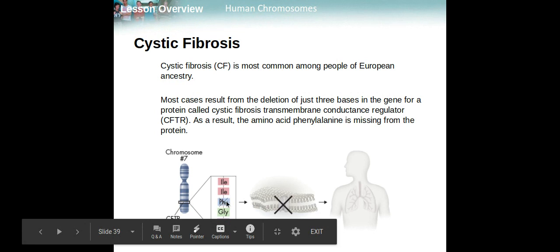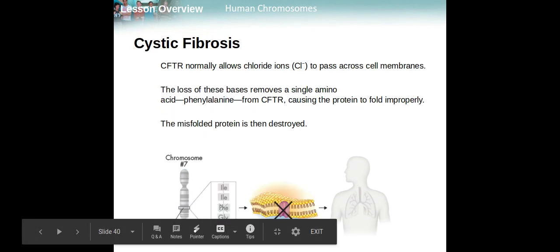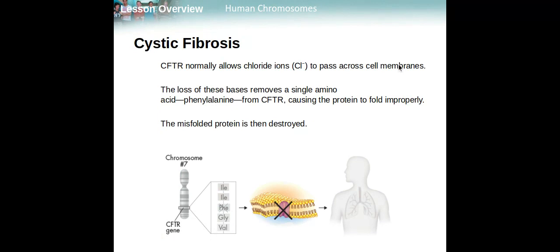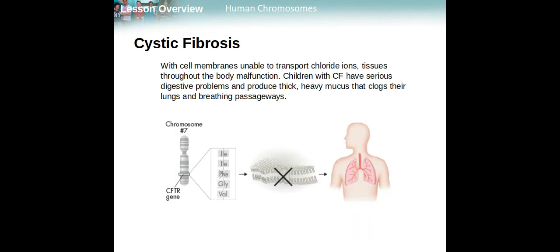In this case, this would be the phenylalanine, which would cause this protein to be an odd shape. Because it's an odd shape, the pump that it's supposed to act in does not work correctly, and that causes a buildup of salt in the lungs, and they get heavy mucus that clogs the lungs and breathing passageways. So just one little tiny mistake in there causes all sorts of issues.